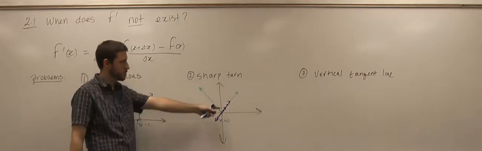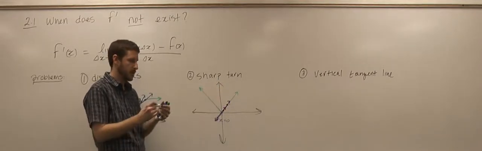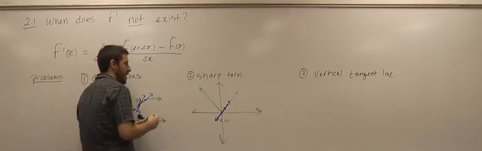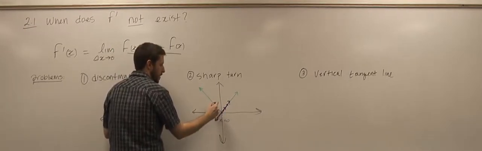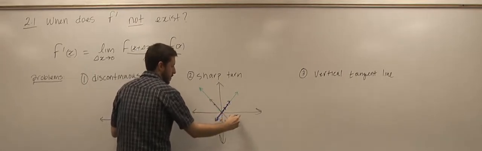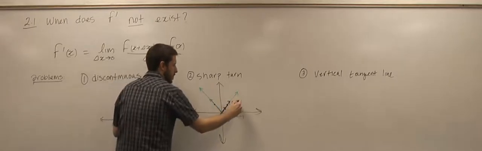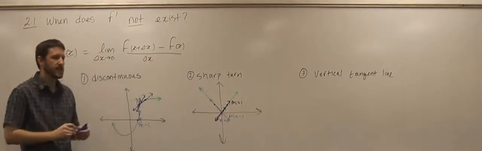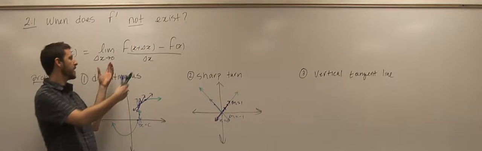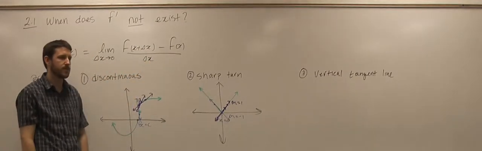What's the slope of those? 1, right? Because it goes up 1 over 1, up 1 over 1. That's how absolute value works. But then if you take points on the left instead, you're going to have slope equal to -1. So your derivative can't exist because from the right side of this difference quotient you're getting 1, but on the left side you're getting negative 1.